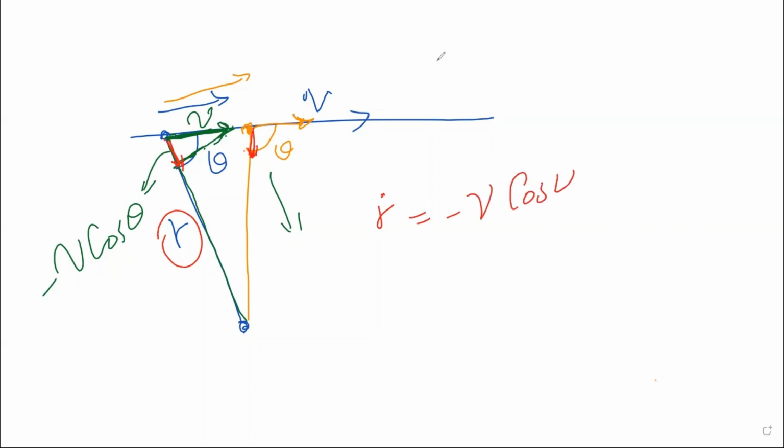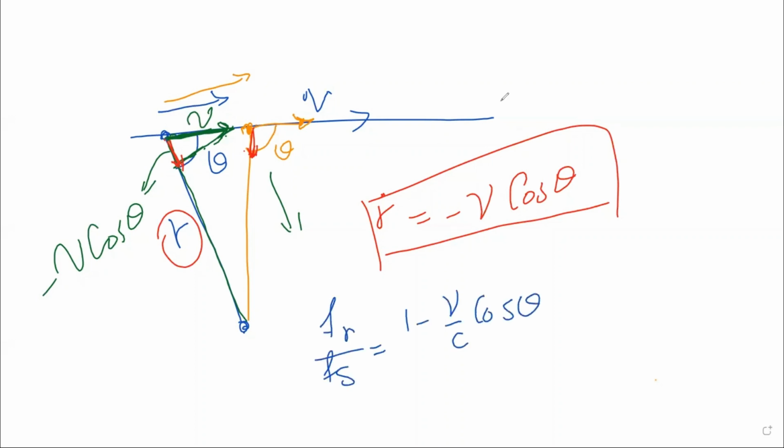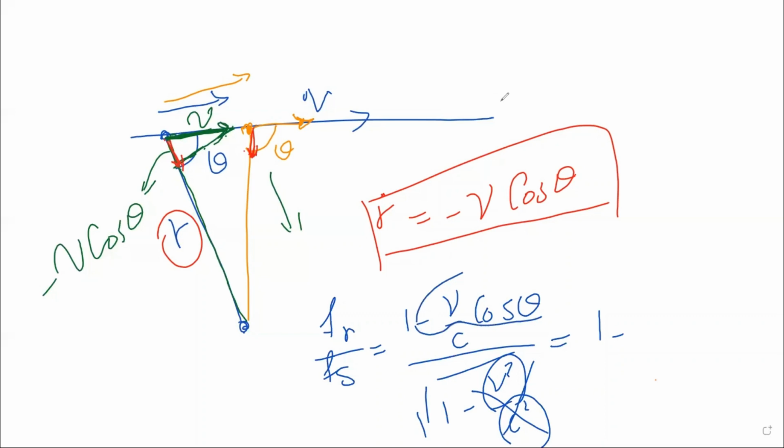Then I can simply write these as the rate of change. Since C is too big compared to the velocity, I can ignore this term and simplify this like this. Instead of minus V over C, I can write plus R dot over C. That will be the main equation for the Doppler. This R dot is in fact the rate of change of the range.